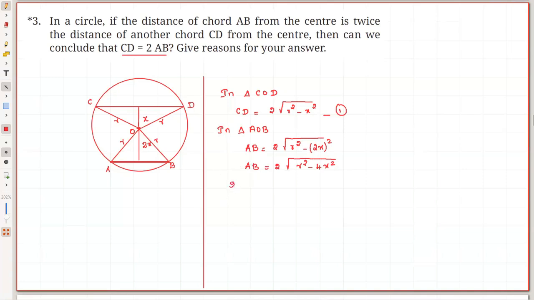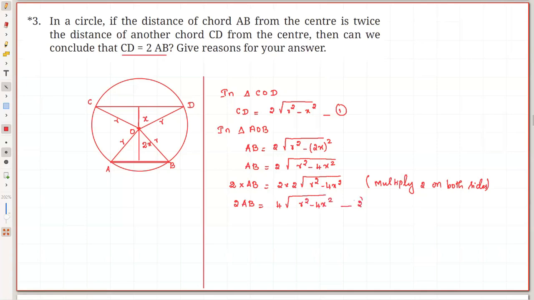So 2 times AB means multiply by 2. If I multiply 2 on both sides, I get 2AB is equal to 2 into 2 root R square minus 4x square, so 2AB is equal to 4 root R square minus 4x square. We take this as equation number 2.